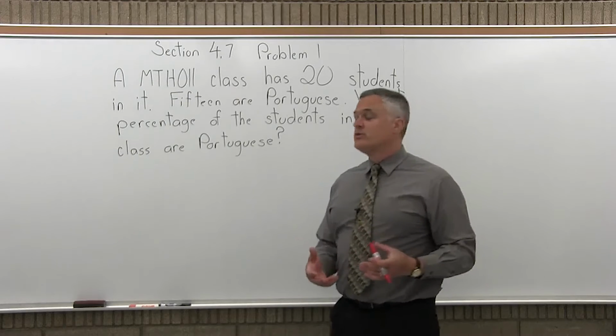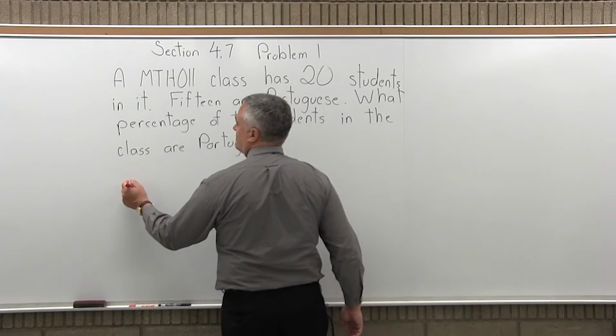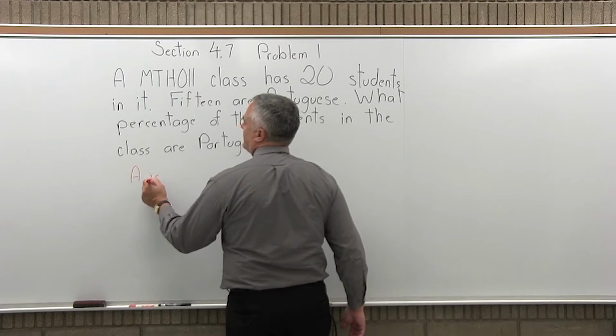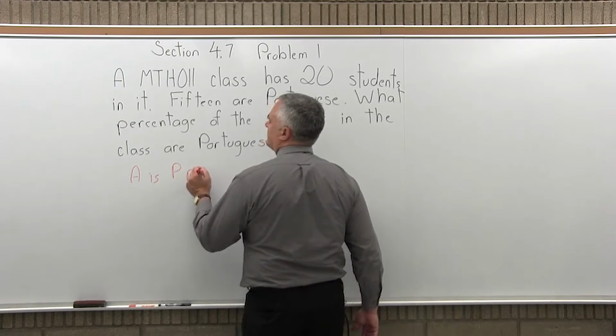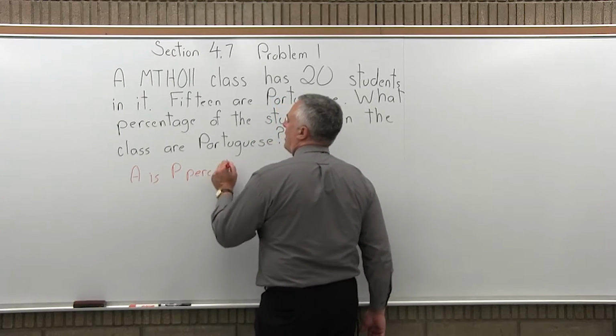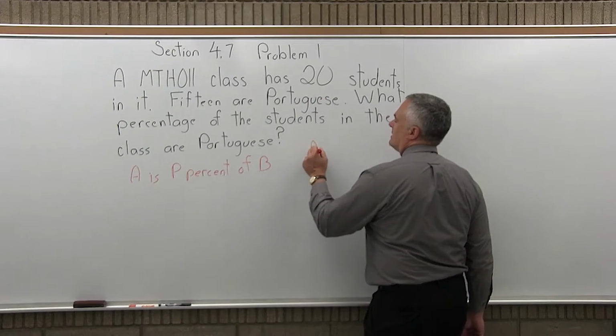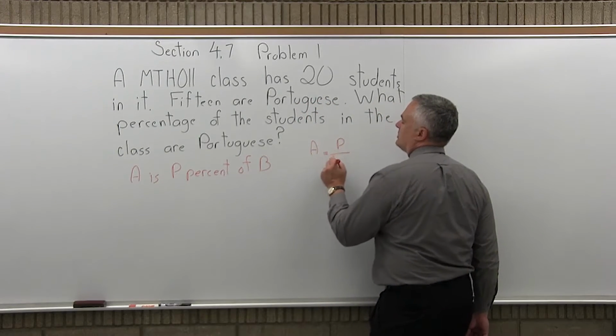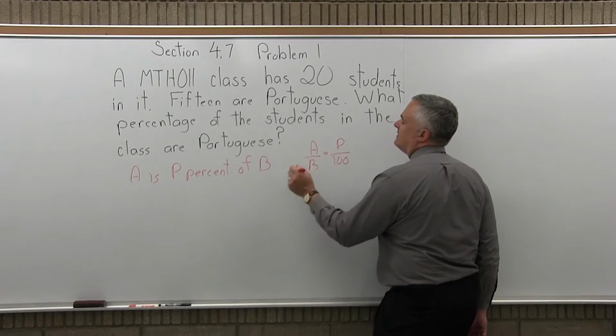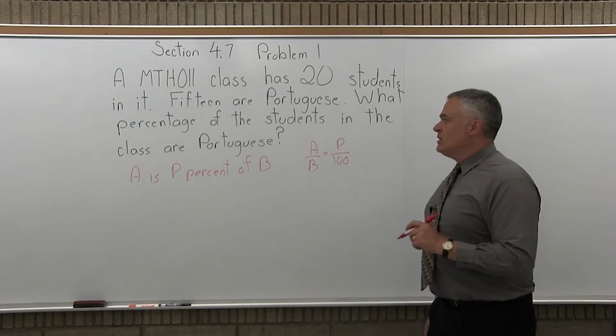So what we want to do is rewrite this problem in such a way that it's saying A is P% of B, and we're going to use our A is P% of B formula.